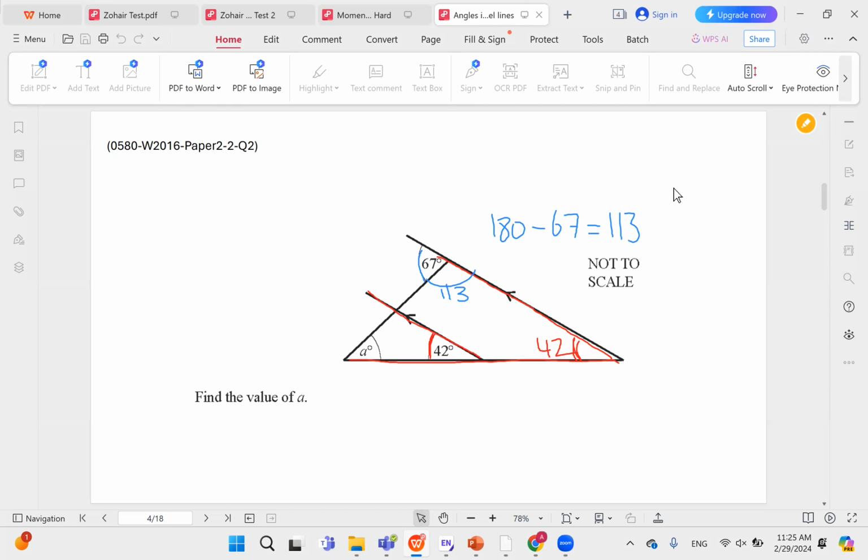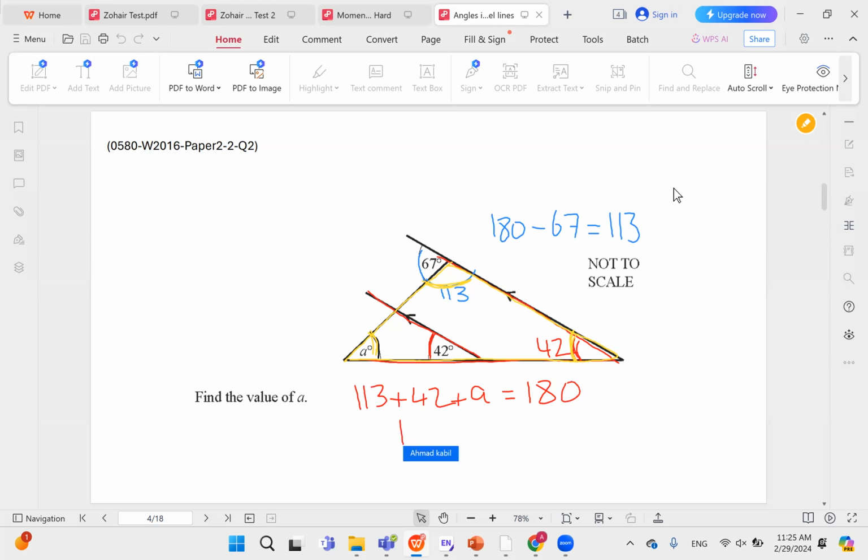Finally, we have angle A. So we have a triangle that we can use. This triangle here, which I'm coloring in yellow. The sum of the three angles in the triangle gives us 180. So 113 plus 42 plus A gives us 180.